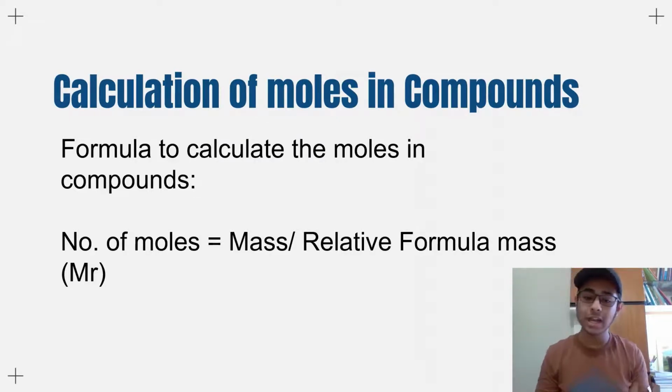We have already learned how to calculate relative formula mass. Relative formula mass is basically the relative atomic mass of all those elements present in that compound combined. So to find out the number of moles in a compound, we divide the mass by relative formula mass.